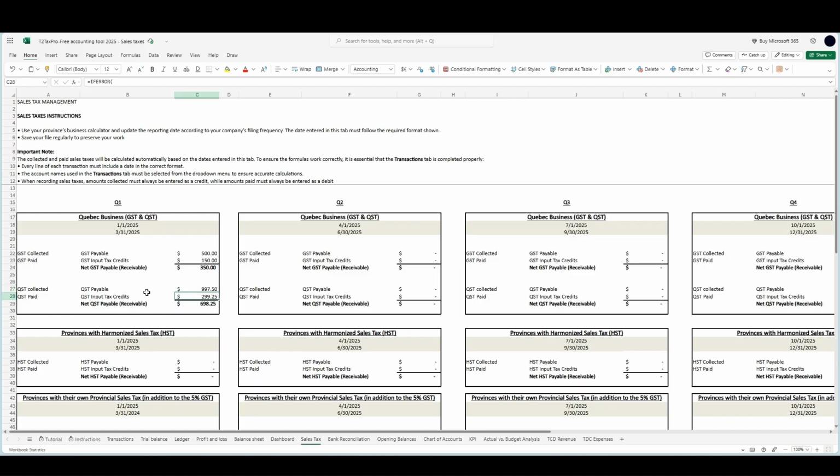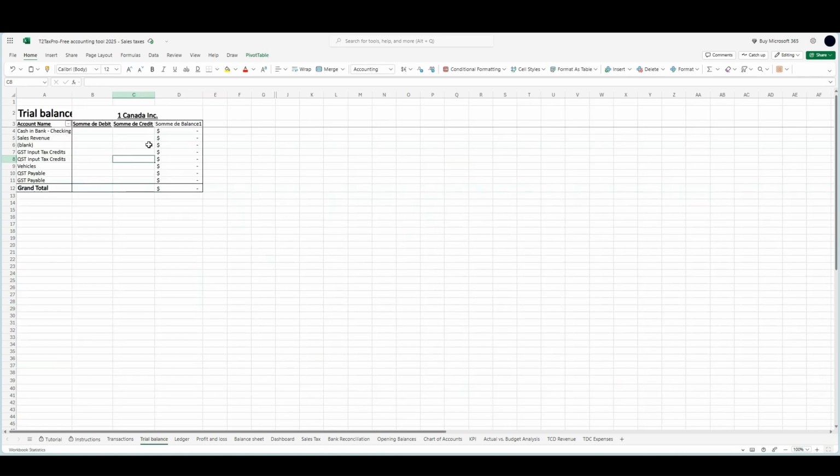QST paid, $299.25. The business therefore owes a net amount of $698.25 in QST. Since Revenue Quebec administers both taxes in Quebec, the total payment is $1,048.25.